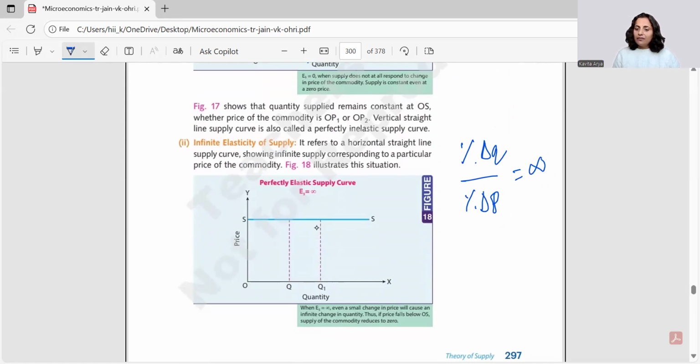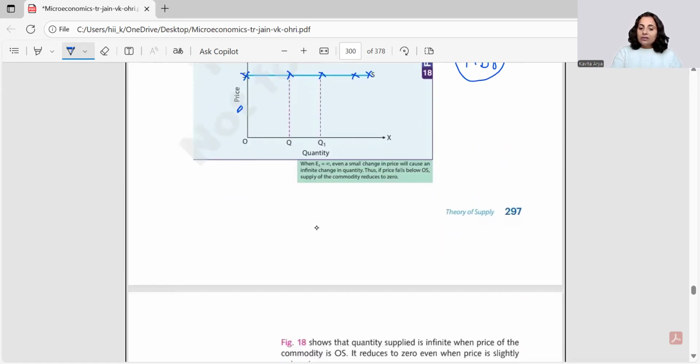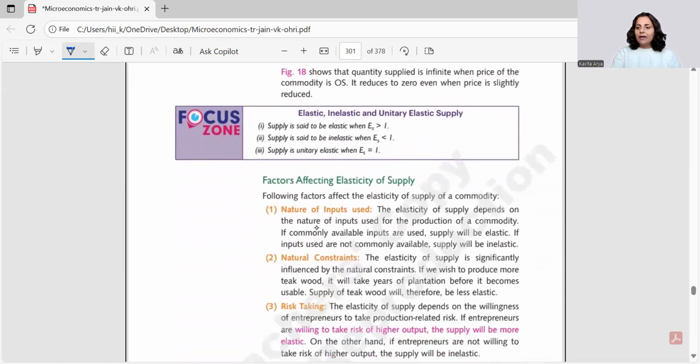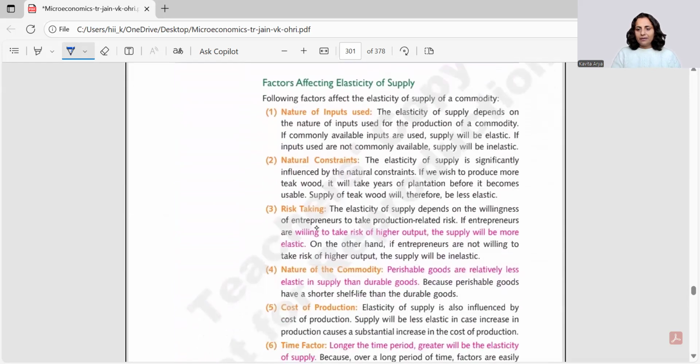And when would you have infinity? When you have 0 in the denominator. It means the 0 change is found on the price. It means there is no change in price. Price is the same at all the positions. Hence, it's a line parallel to x-axis. So it's the same rationale as we did in the degrees of elasticity while doing the concept of demand.